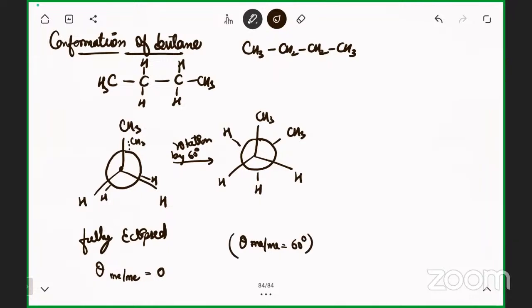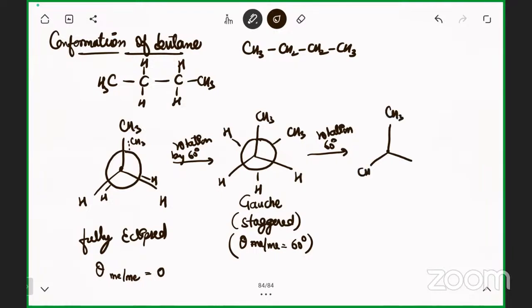Okay, this form is called Gauche, or you can say staggered form. Okay, so do one more rotation of 60 degree. The compound obtained will be front carbon as it is, CH3, H, H, and the back carbon, you'll see again.